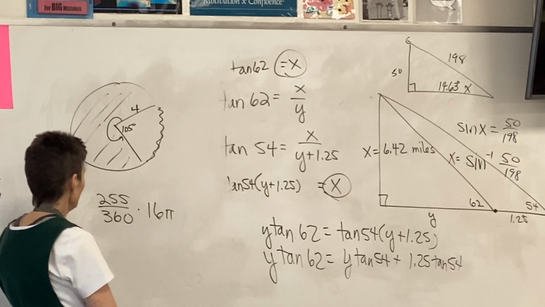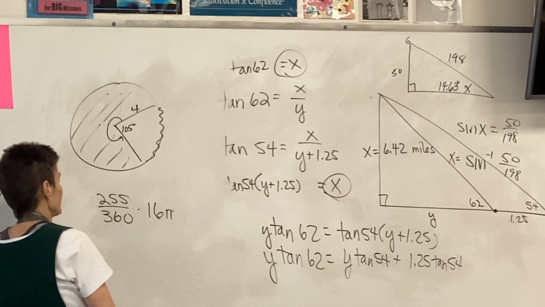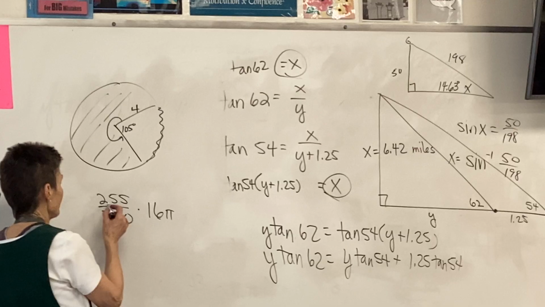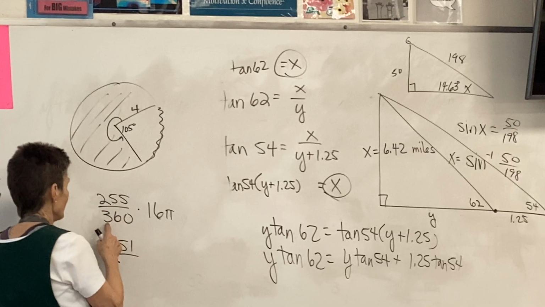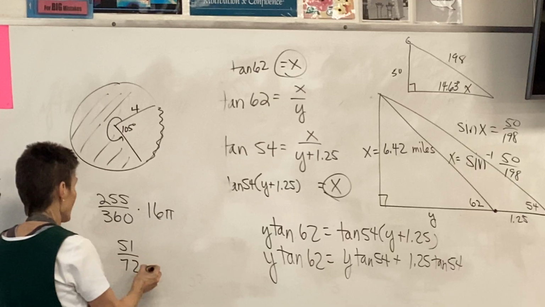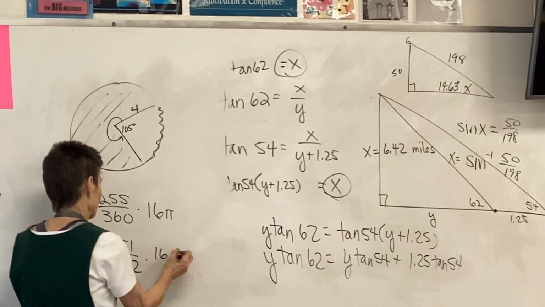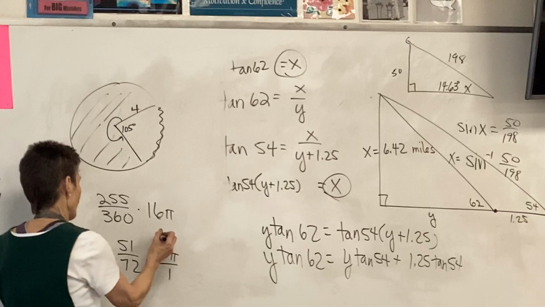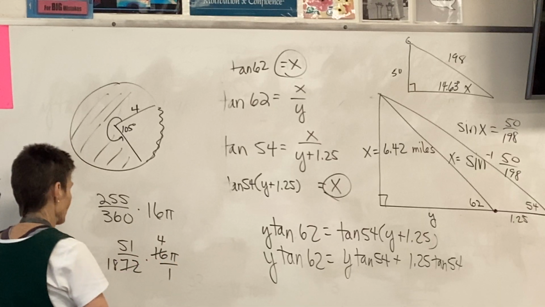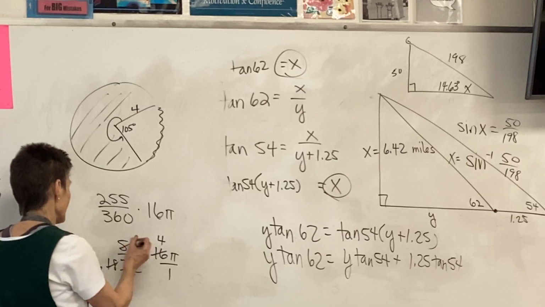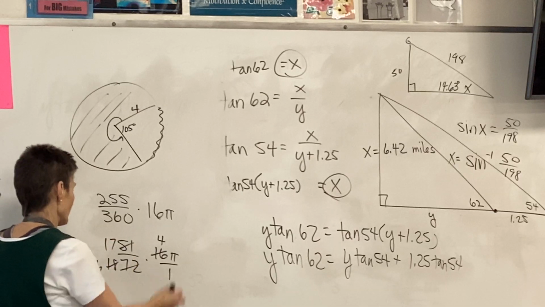Alright, so here we go. You'll have a little calculator to help you with arithmetic. Let's see, 5 goes into there 51 times. 5 goes into there 72 times. 4 goes into there 4. 4 goes into there 18. 3 goes into there 6 and 17.